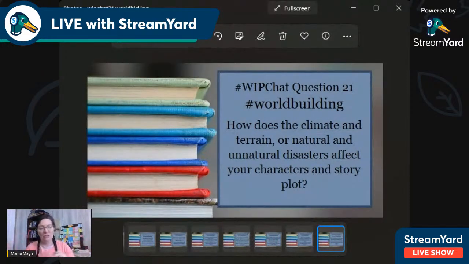Well, now we have tornadoes all summer too. But the expected disasters, you can kind of plan for them. You can have preparedness where your characters know what to do when this happens. And then you have the unexpected disasters, like earthquakes. You live in an earthquake zone, there might be an earthquake, but it still pops up and you're like, oh, it's an earthquake.